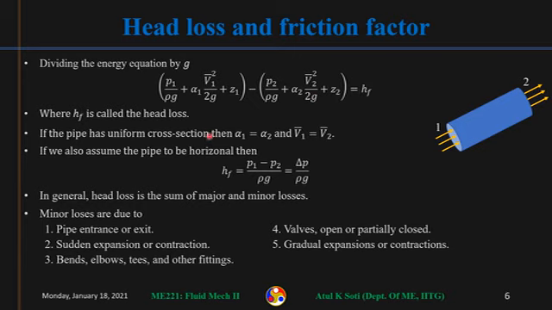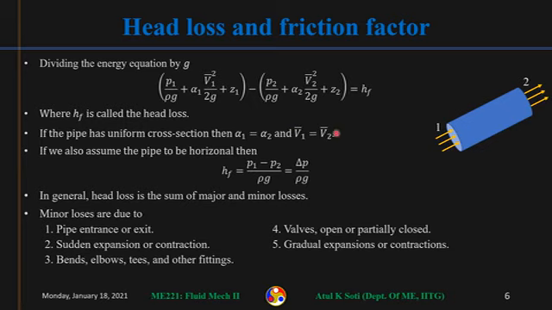Now consider a pipe of uniform cross section, which is shown in this figure. In that case, the average velocity at section 1 and section 2 will be the same because the cross section is not changing, so A1 V1 is equal to A2 V2.